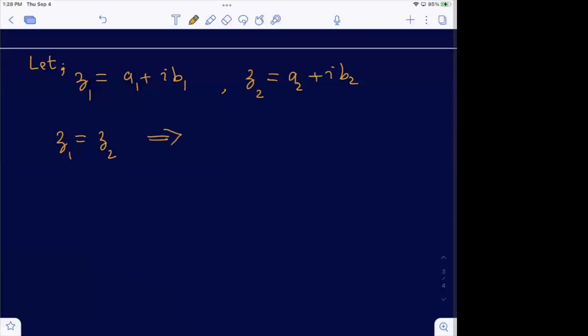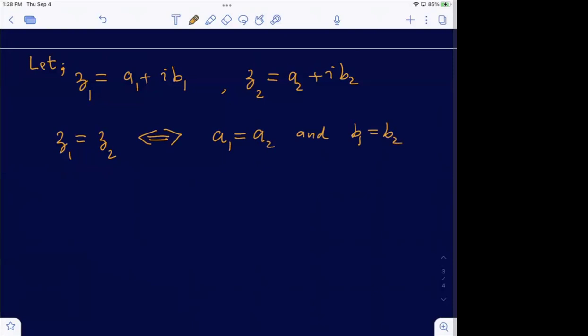We would say z1 equals z2 if and only if, and this symbol denotes if and only if, whatever condition I'm about to write here is necessary and sufficient. That would be exactly the situation where a1 equals a2 and b1 equals b2.